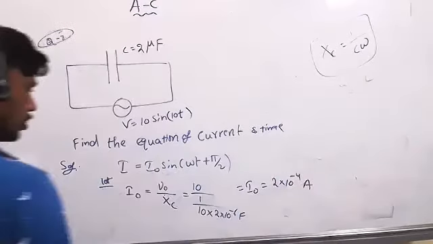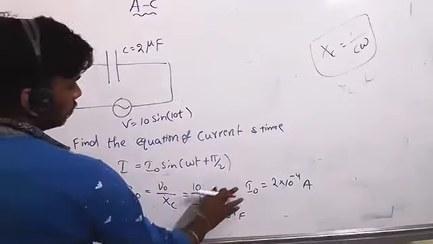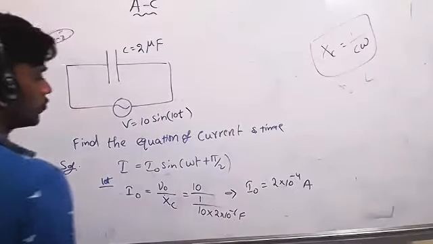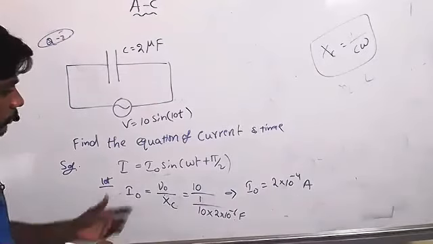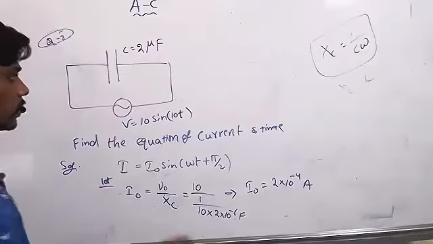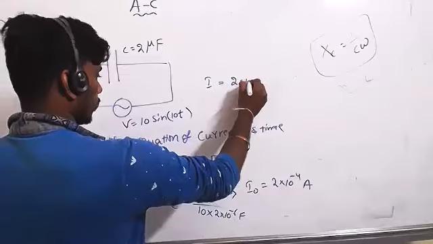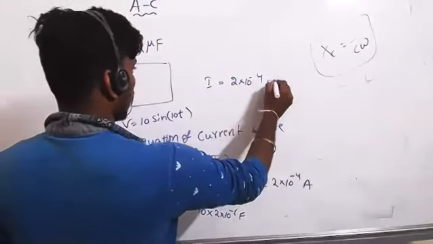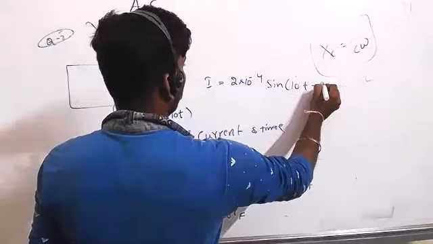Correct, right? So substitute that. You will get I equal to 2 into 10 to the power of minus 4 sine 10t plus 90.